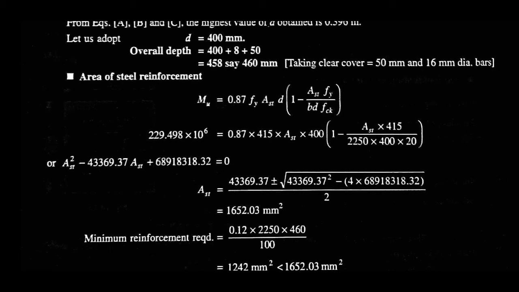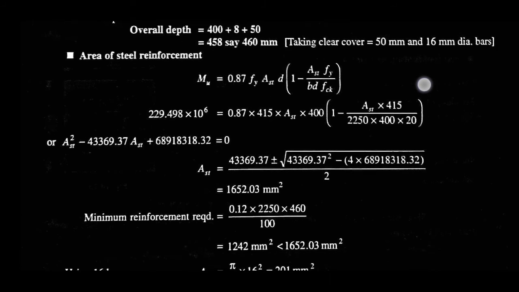So again we have to apply Acharya's formula. So Ast is equal to 43,369.37 plus minus root of 43,369.37 square minus 4 into 68,918,318.32, by 2, that is equal to 1652.03 mm square.